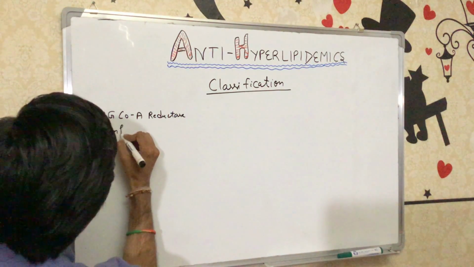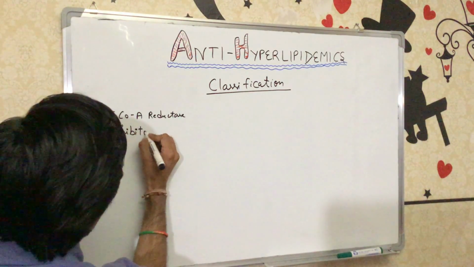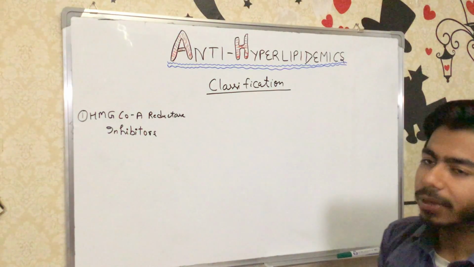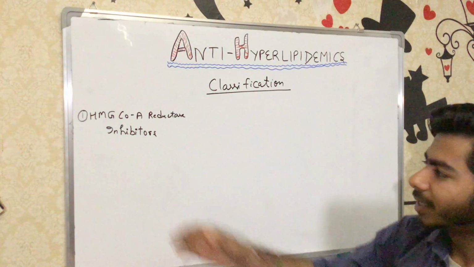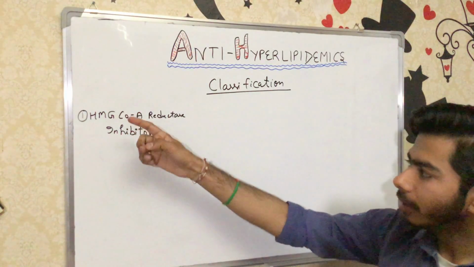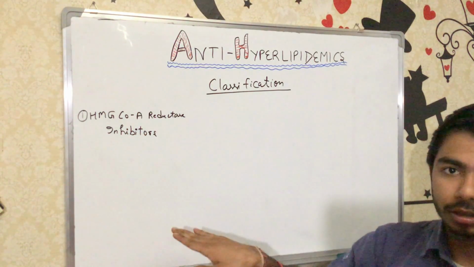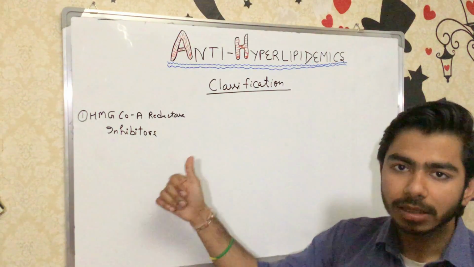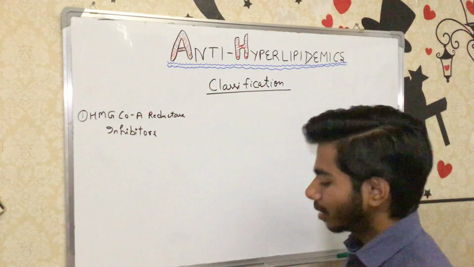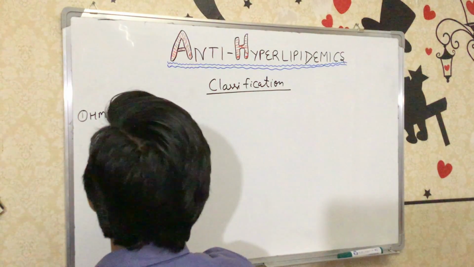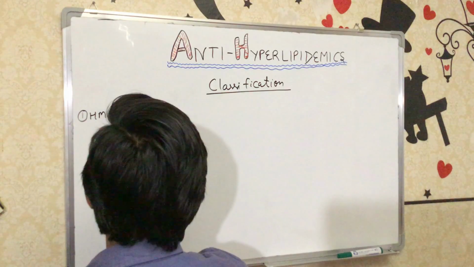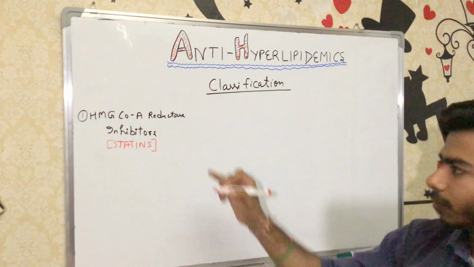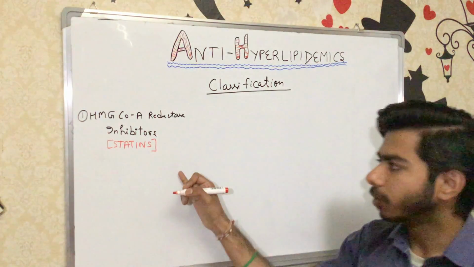I hope you can see this. HMG coenzyme A reductase inhibitors, also called 3-hydroxy-3-methyl glutarate coenzyme A reductase inhibitors, if you talk about the full form of this term. We also call them statins. Very popularly they are called statins, not by this name, because this name is bigger, so we call them statins.